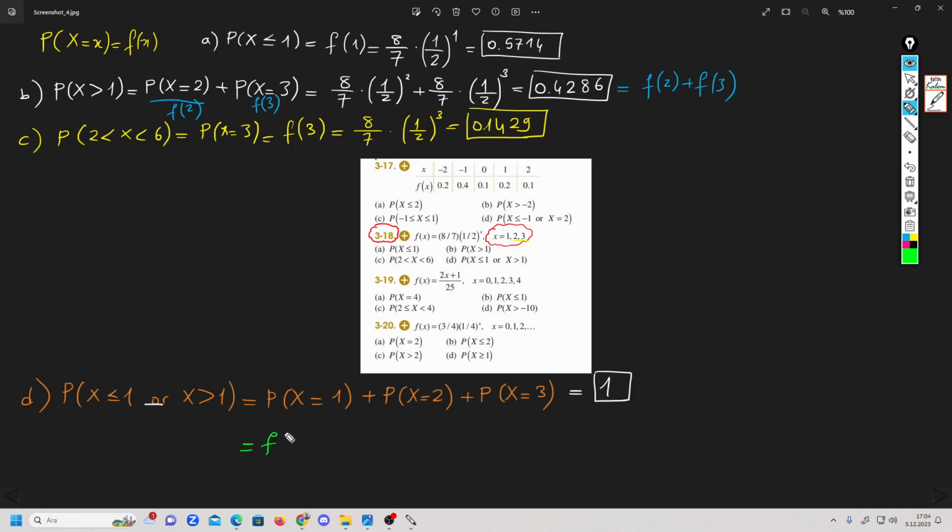It is f of 1 plus f of 2 plus f of 3: 0.5714 plus 0.2857, sorry, and 0.1429. If you add these values, we obtain 1. So this is the end of this question.